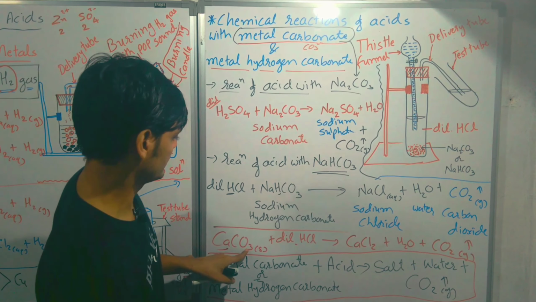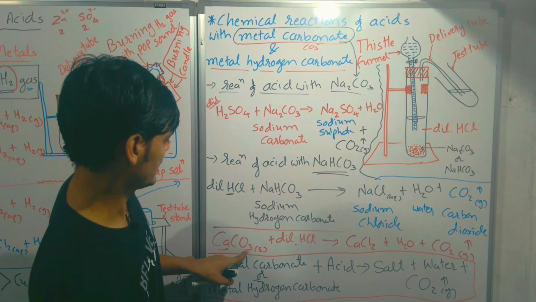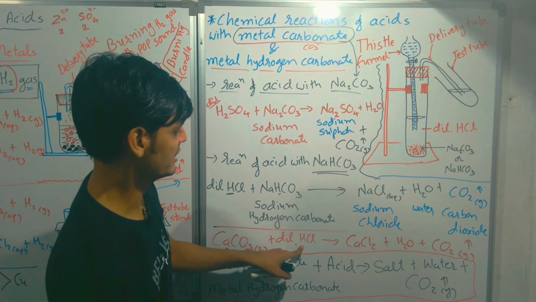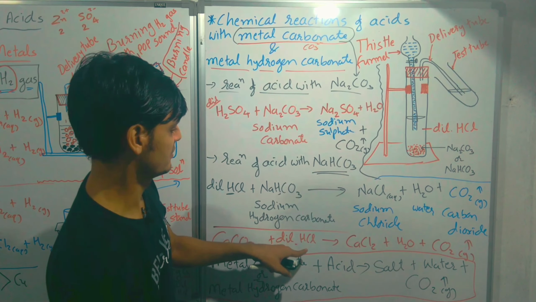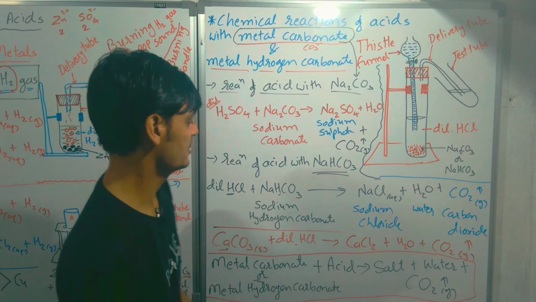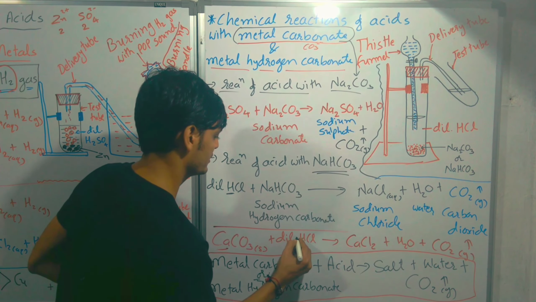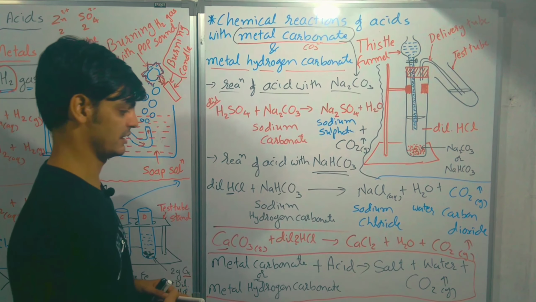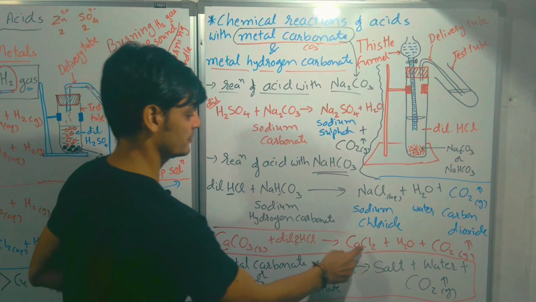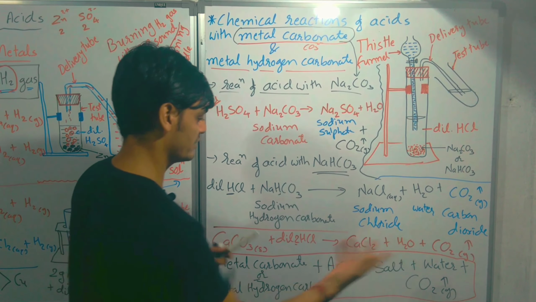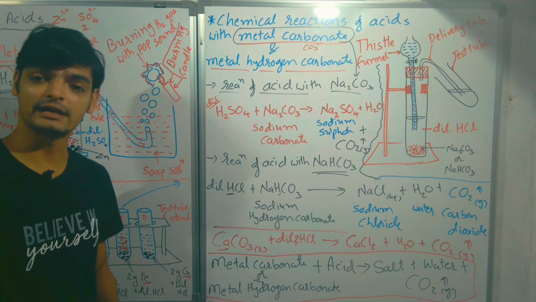Then hydrogen: here HCl has 1 hydrogen and here 2 hydrogen. So I have to write here 2 HCl. So chlorine will be 2, yes, 2 chlorines are there, 2 hydrogen. Now it's a balanced chemical reaction.